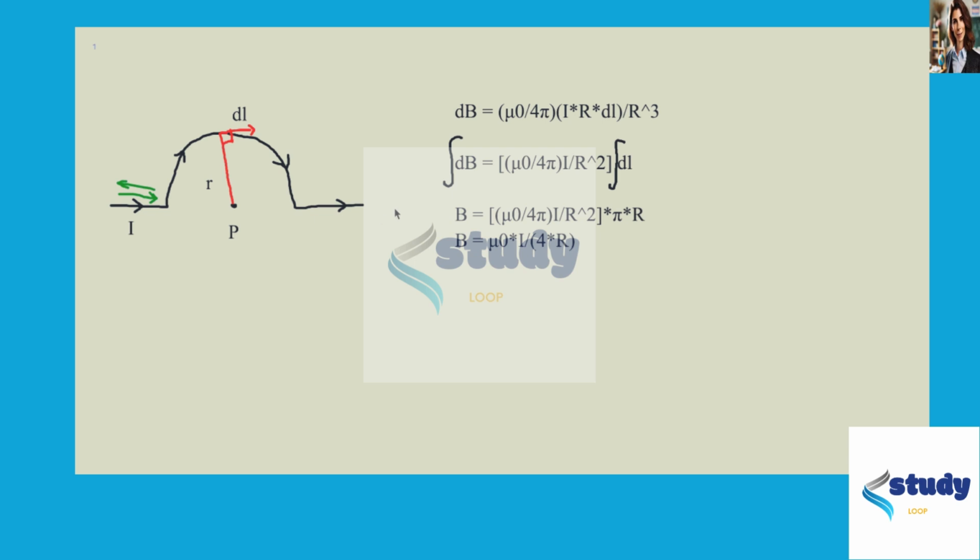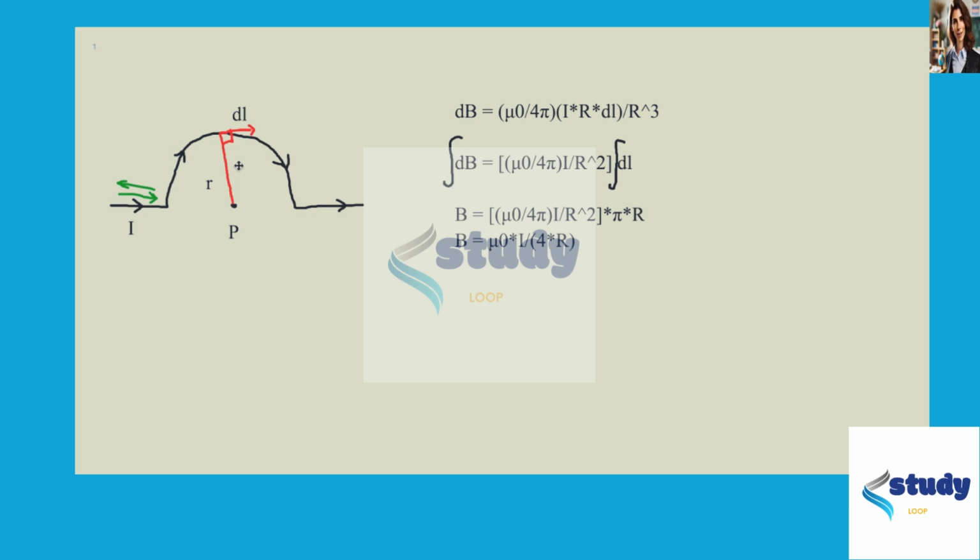Now let's think about the direction. Again, the straight pieces on either end aren't going to contribute any magnetic field, so we can ignore them. And again, thinking about the direction of the magnetic field, we want to take the cross product of dL and r.